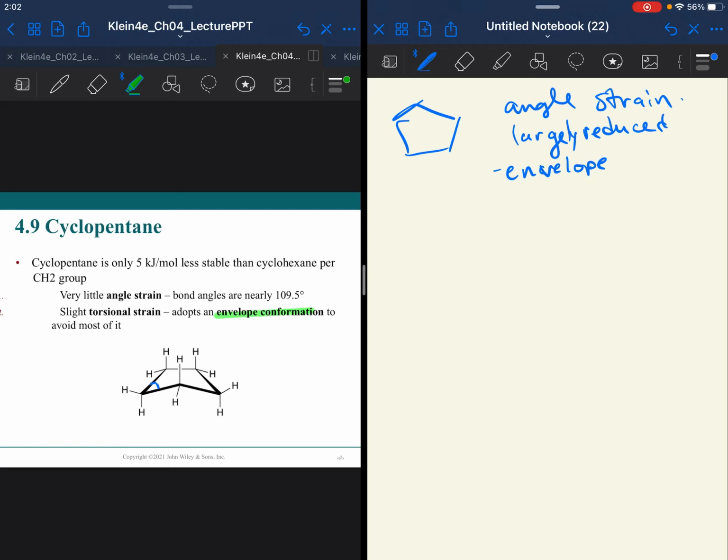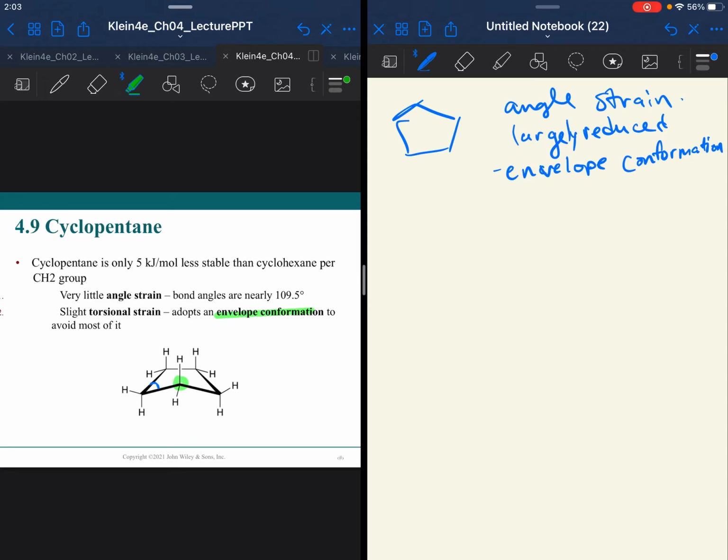So instead of saying it's puckered, we like to give all these conformers different names, right? And what happens is, as that molecule has kinetic energy, it can't spin around those single bonds because they're locked in place by the ring, but you can create these little folds in the ring so that it's not perfectly flat. And so you see this little carbon folding upward like the flap of an envelope.